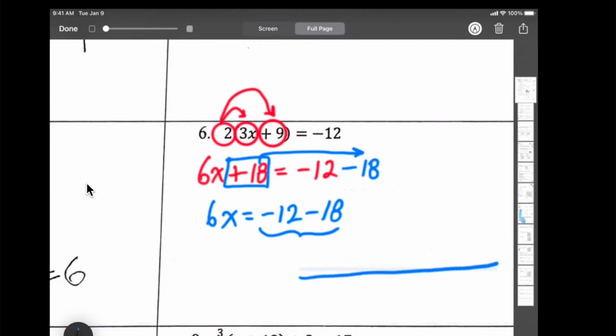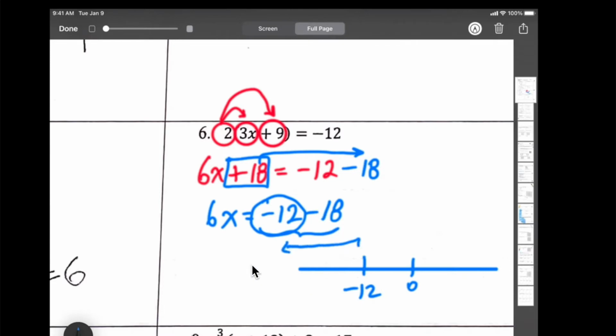Number line. Start at 0. Well, I should say, place a 0 to give you perspective. We're going to start at negative 12. This negative sign means we're going to move to the left. How far are we going to go? We're going to go 18 spots. So if you start at negative 12 and you march 10 spots, you would be at negative 22.